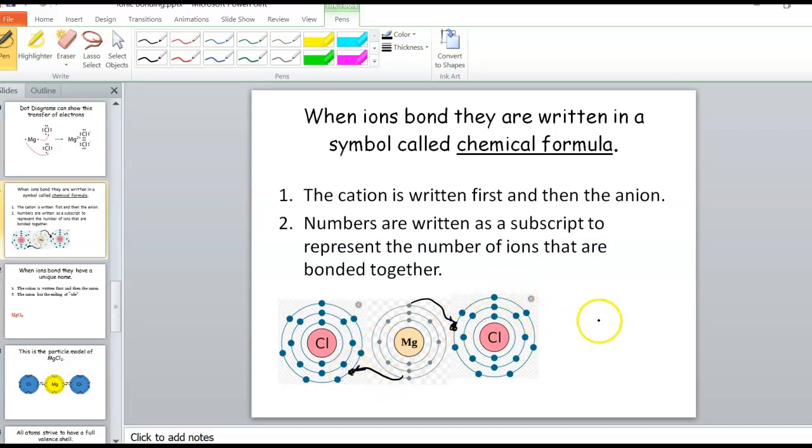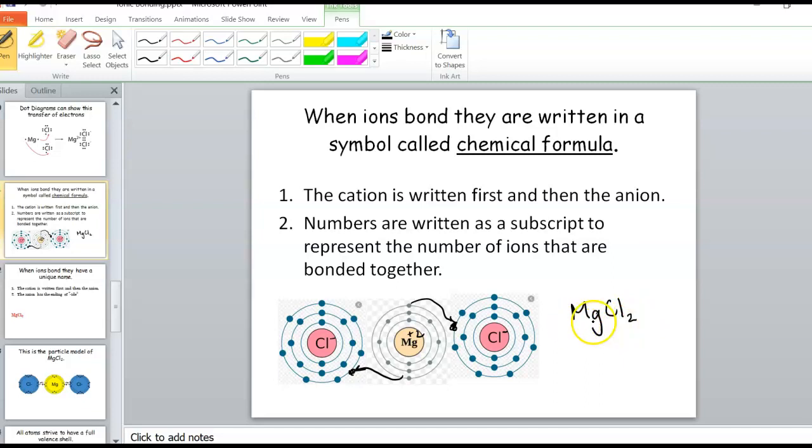So now how would I write that as a chemical formula? Remember, I always write the cation first. The cation is the positive ion, and so that would be magnesium. And now take a look. I have 2 chlorines, and so I signify that I have 2 of them by writing a small subscript on the bottom right-hand corner.